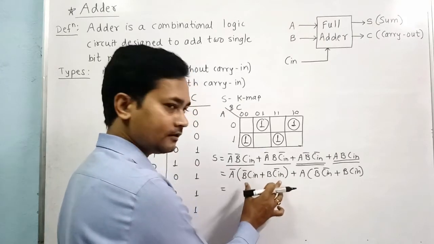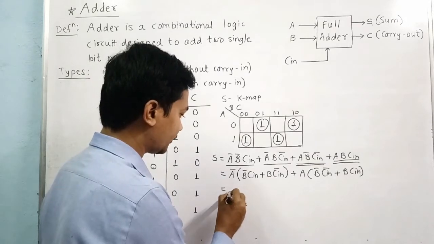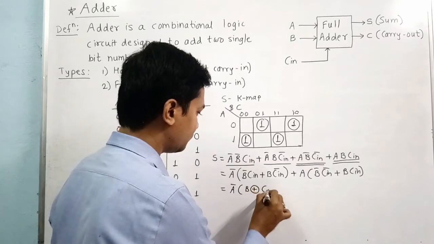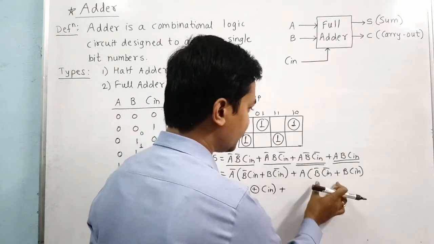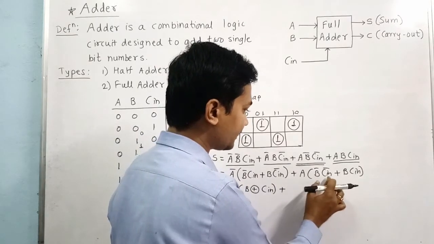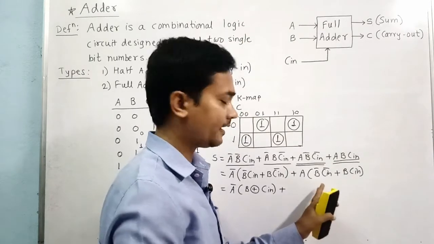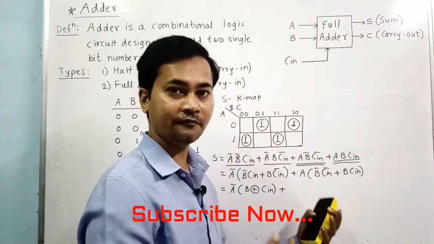So this expression is about XORing of b and c in. Now what about this bracket? This bracket contains b bar c bar plus b c. So this expression is nothing but b XNOR with c.